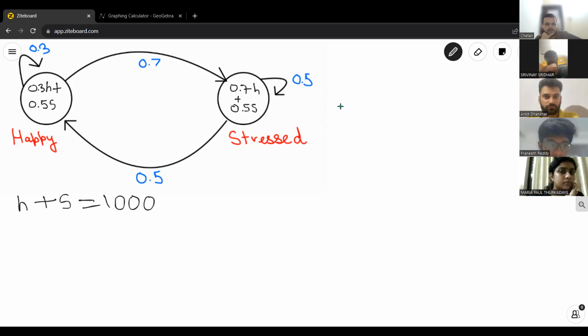So people who are happy initially are 1000. So h is 1000 initially and s is 0. So 0.3 of h plus 0.5 of s equals 300. But how do we substitute?